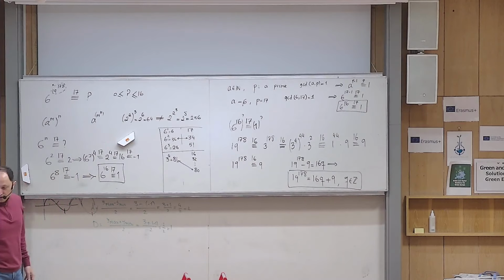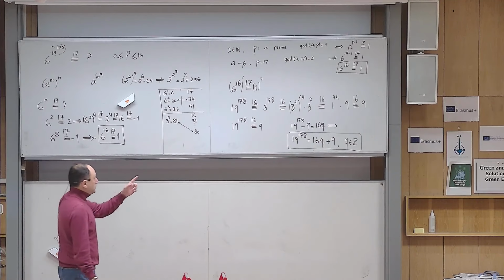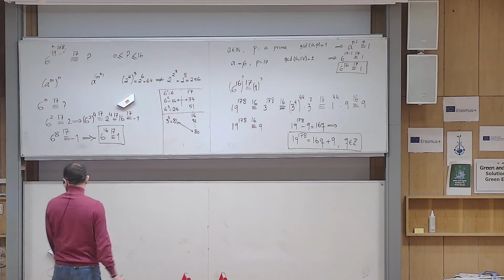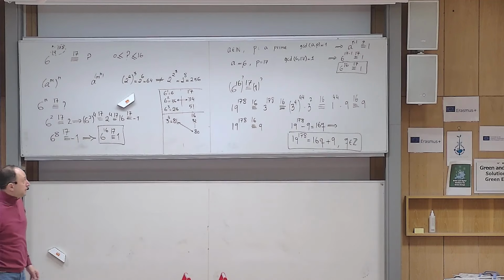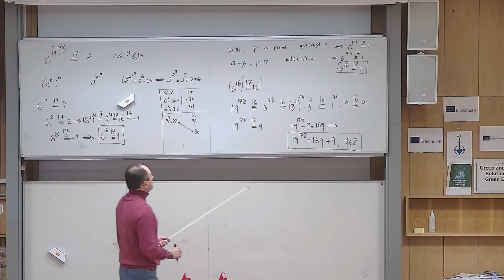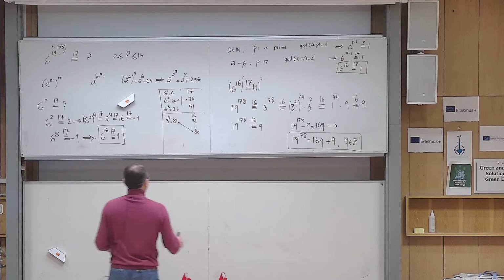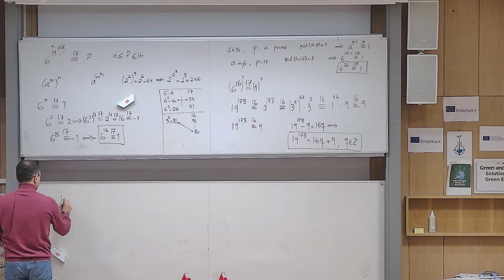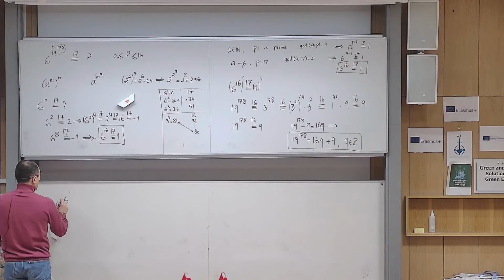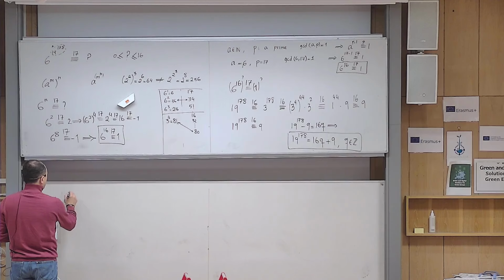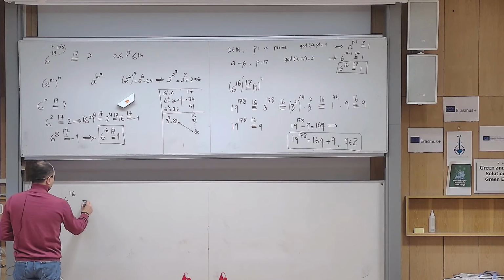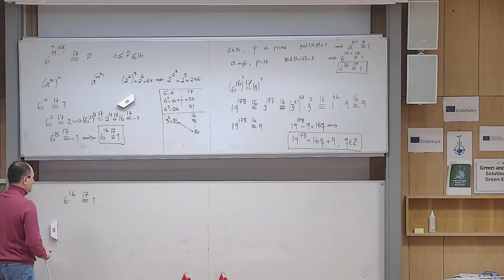Okay, so let me clean this board. Okay, so now what do we have? Let us glue them to one problem here. Here I got this, that 6 to the power of 16 was congruent to 1 modulo 17, okay?